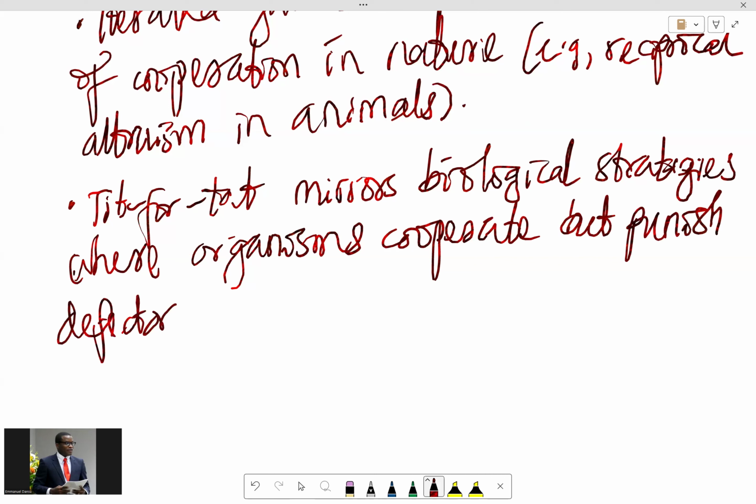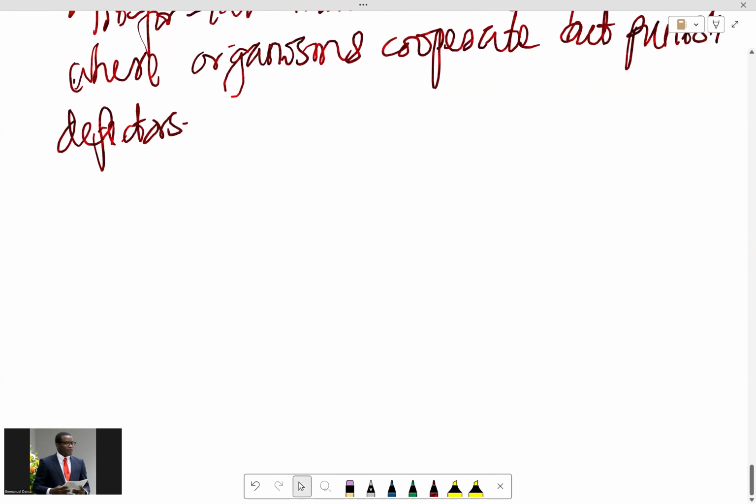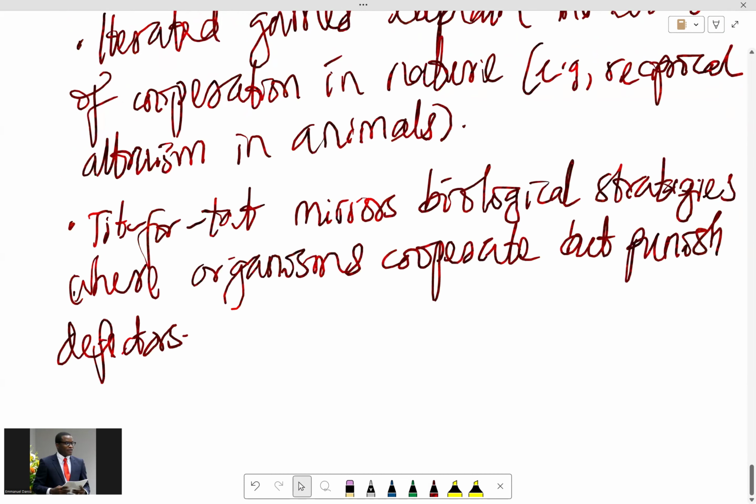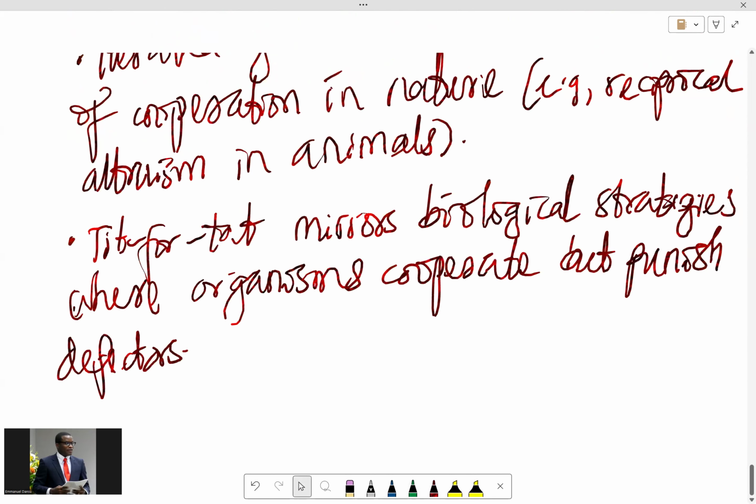So in most cases, right, if there is no tit for tat, the defector will always take advantage of the cooperator. So we can have another point.